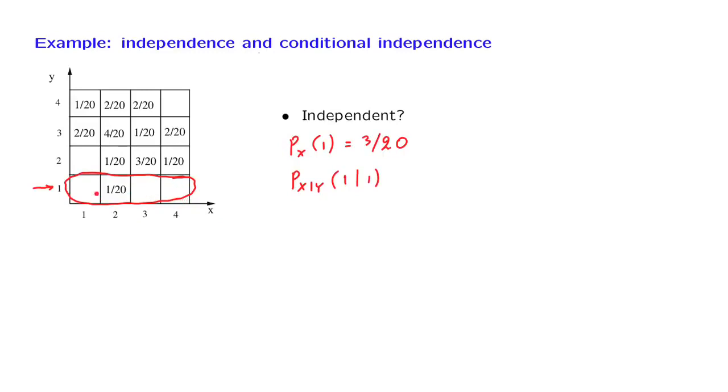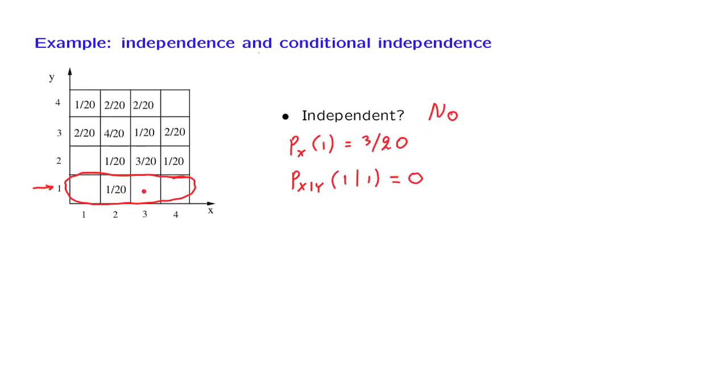In this universe, there's zero probability associated to this outcome, so this probability is 0, which is different than 3 over 20. And since these two numbers are different, this means that information from Y changes our beliefs about what's going to happen to X, and so we do not have independence.